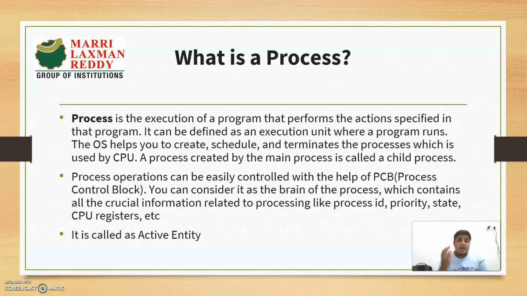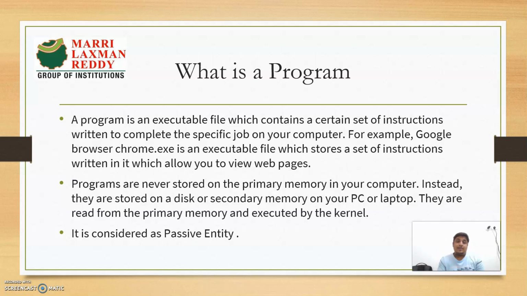As the action is performed every second for whatever request has been raised by an end user, the process is called an active entity, and the program is called a passive entity.